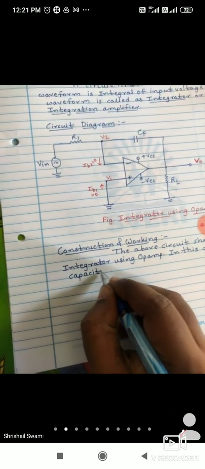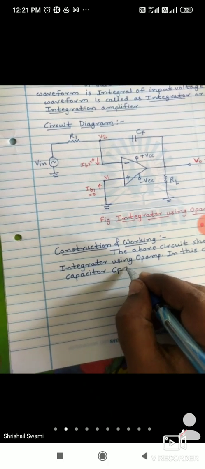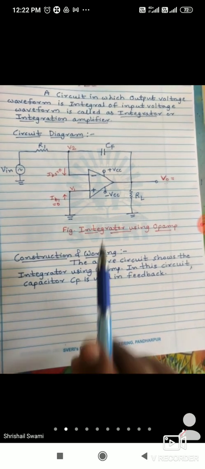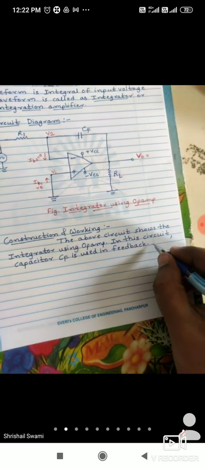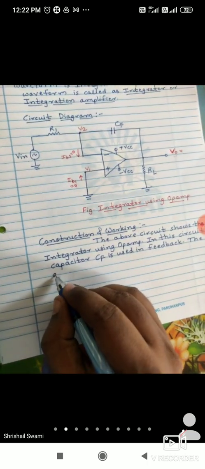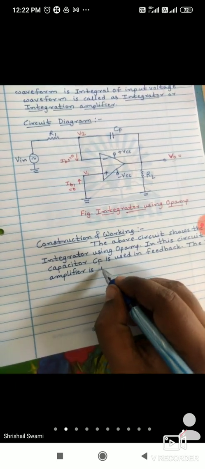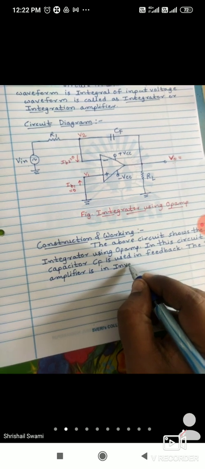In this circuit the capacitor CF is used in feedback. The amplifier is in inverting configuration.